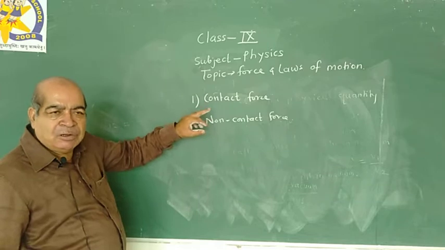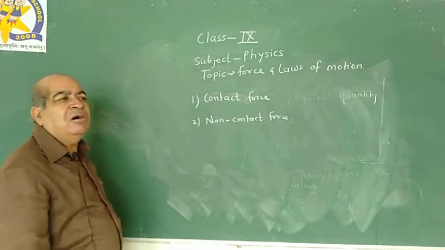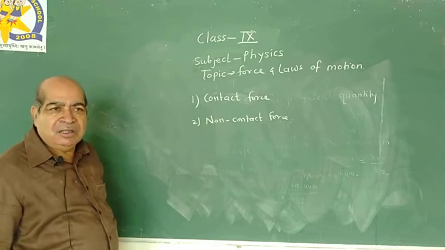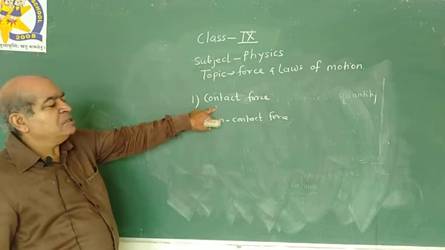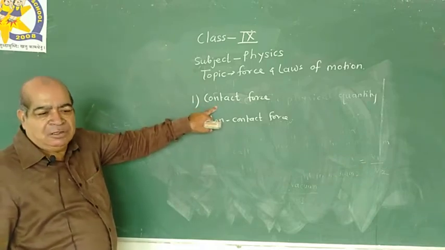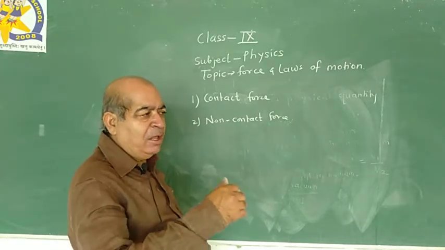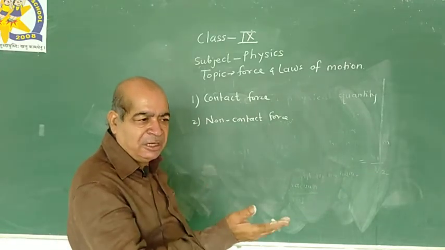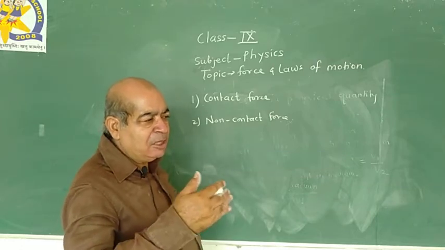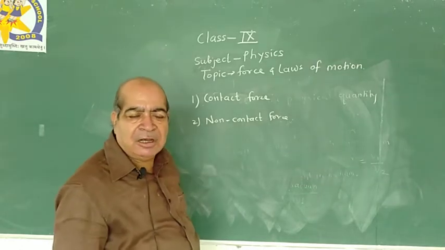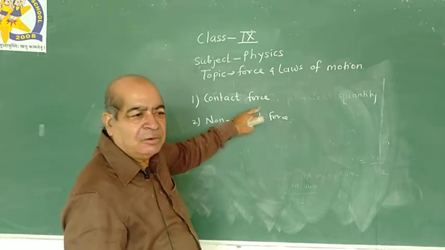When the force is exerted by one body on another body by making contact with it, that is called the contact force. म्हणजे when the force is applied to an object by making contact of one object with another object, it is called the contact force.